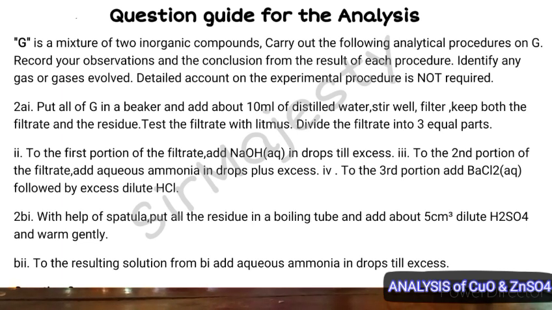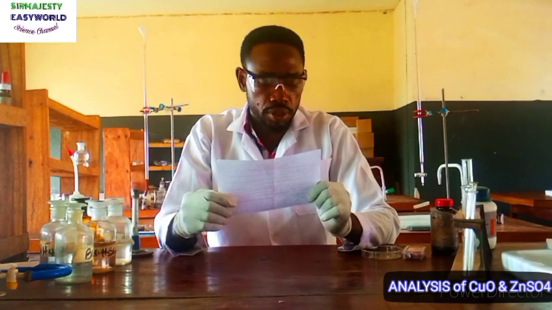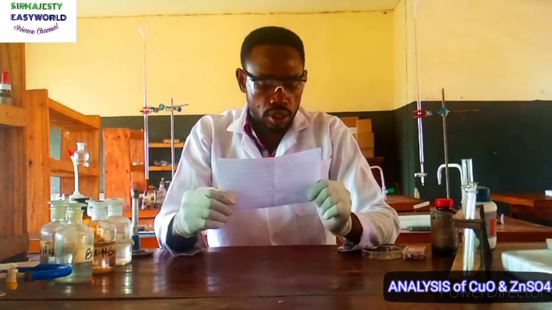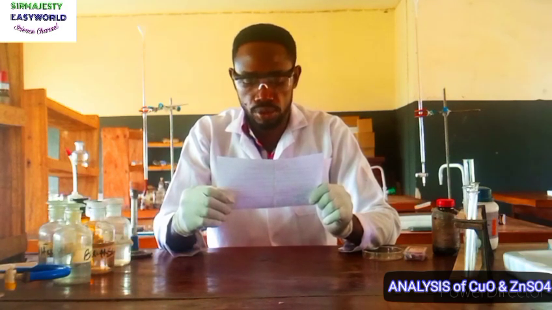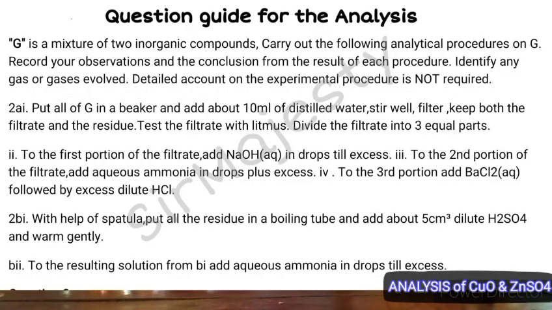Question 2A says put all of G in a beaker and add about 10 ml of distilled water, stir well, filter, keep both the filtrate and the residue, test the filtrate with litmus, divide the filtrate into 3 equal parts.